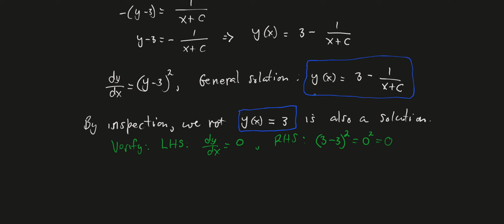So how do we reconcile these? Now, if you think about it, this is a general solution. This is a particular solution. There is no constant of integration here. There's no free variable that allows me to come up with this value of 3.